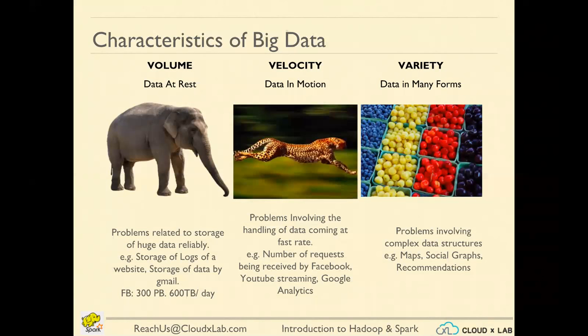Second, velocity, the data in motion: the problems that involve handling data coming at a fast rate. That's called velocity. The number of requests being received by Facebook, YouTube streaming, Google Analytics, and so on are examples of velocity. Imagine the number of requests being received by Facebook servers per second.